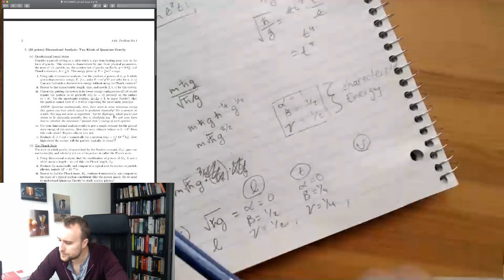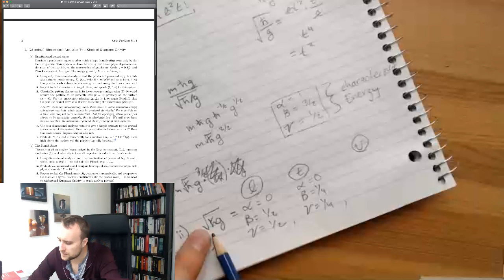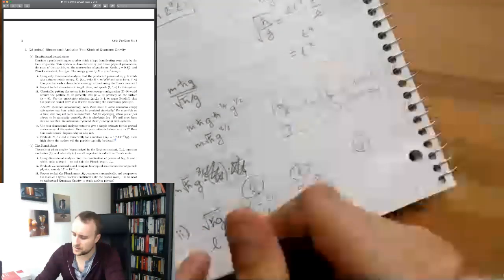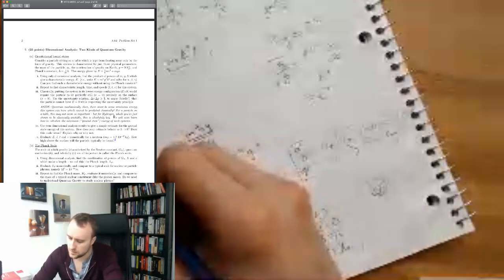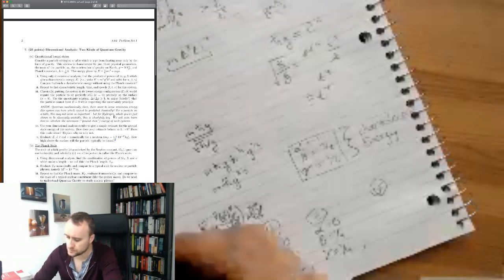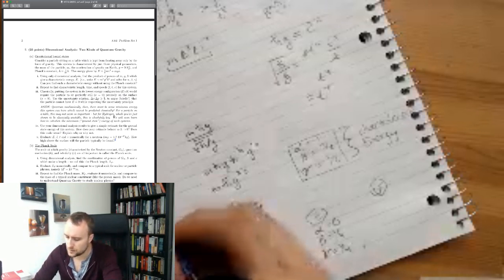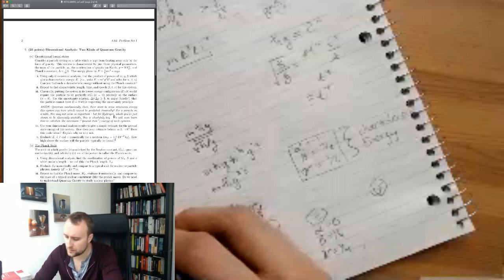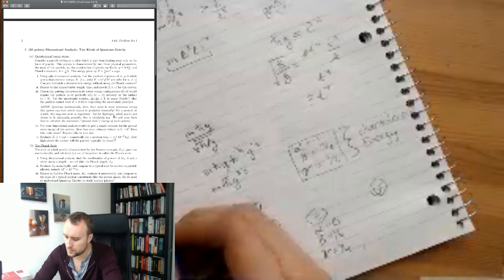So our length is this, our time is this. So we could just do these things. Let's do it up here. Hg divided by, but this is 1/2 minus, this is h minus 1/4.